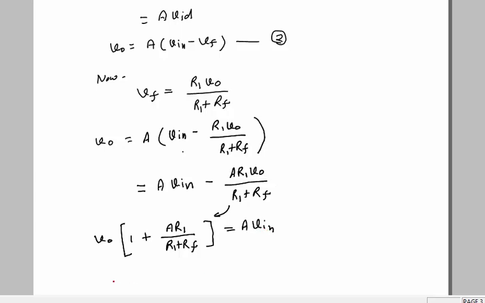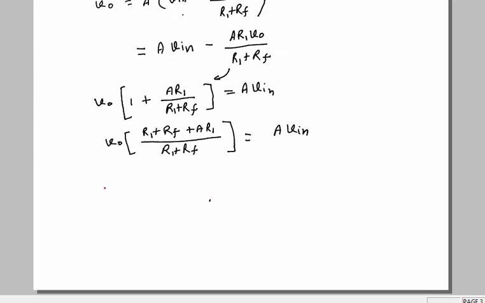Then this can be written as V naught times (R1 plus RF plus A R1) whole divided by R1 plus RF, equal to A V in.